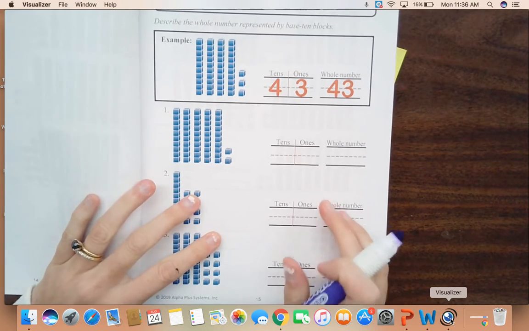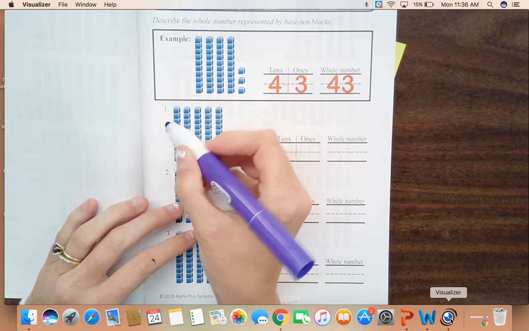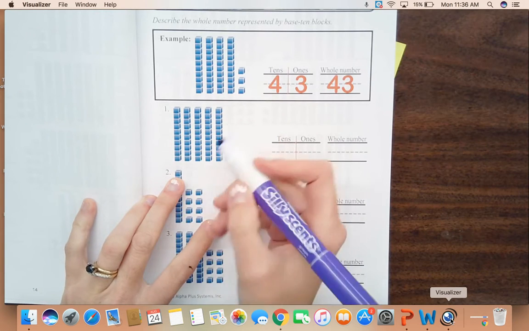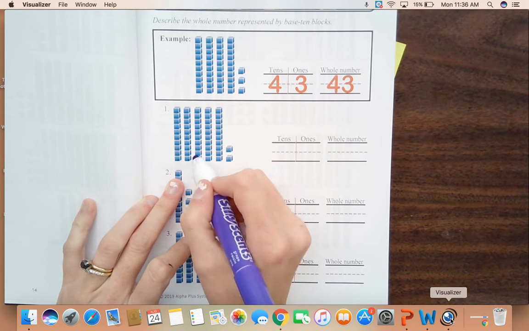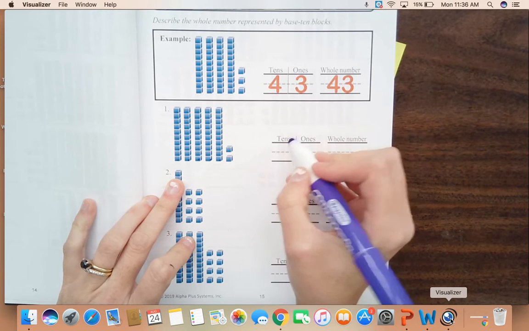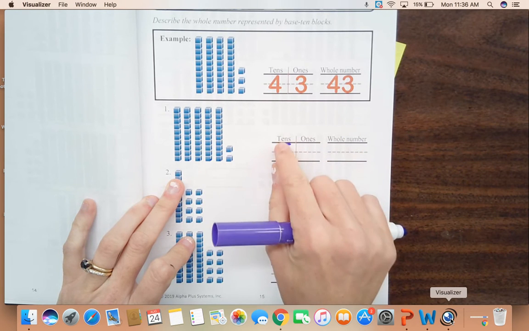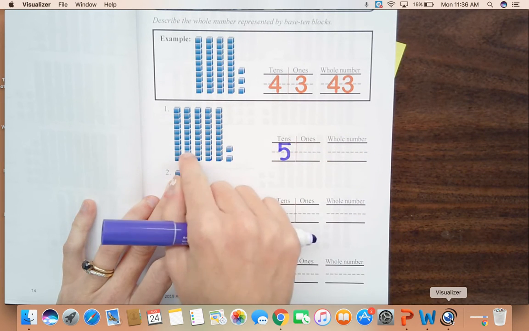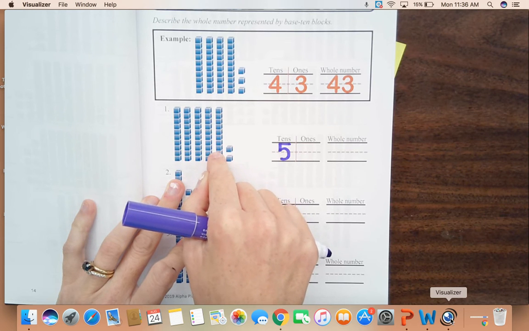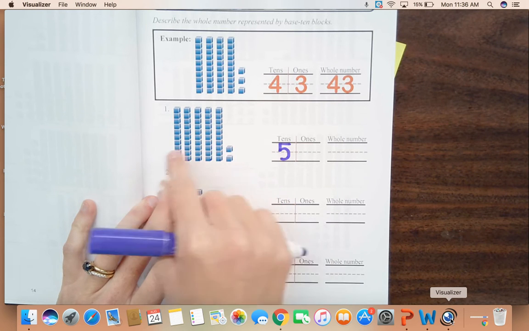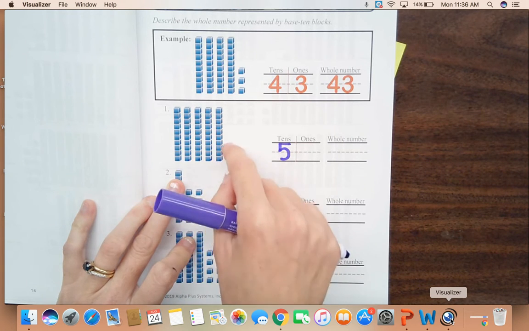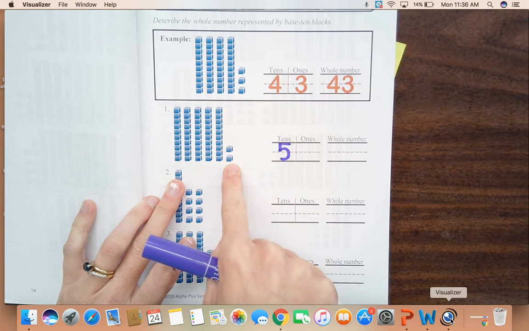And if I go too fast, you just pause me. So number 1, let's count how many towers we have in our city. We have 1, 2, 3, 4, 5 towers. That goes on the 10 side. That says tens because there can be 10 families living in these towers. Tens. There's 5 of them. Now there's 2 left over here by themselves. Those are the ones.